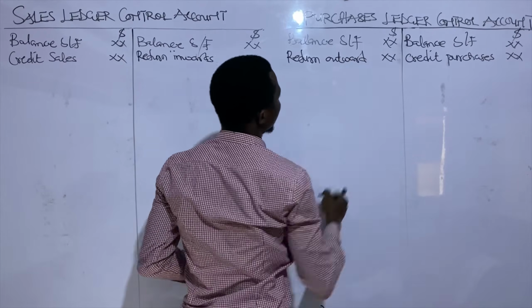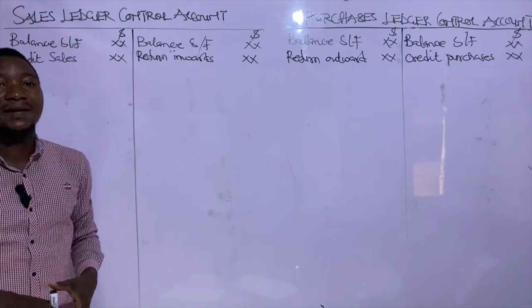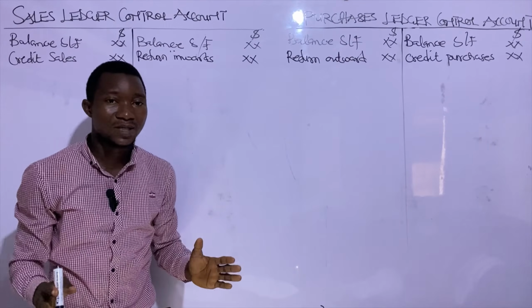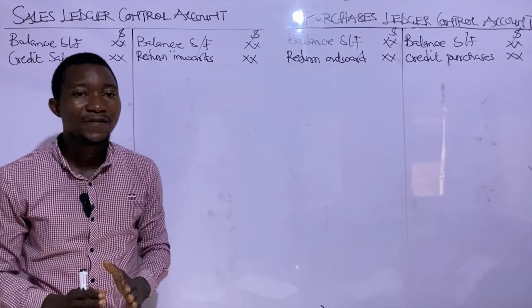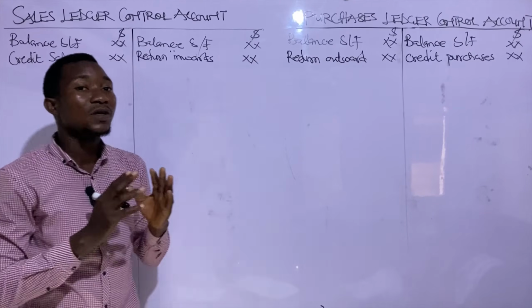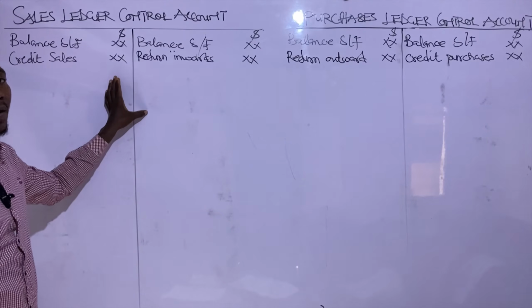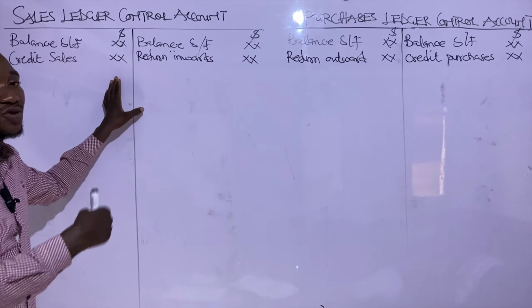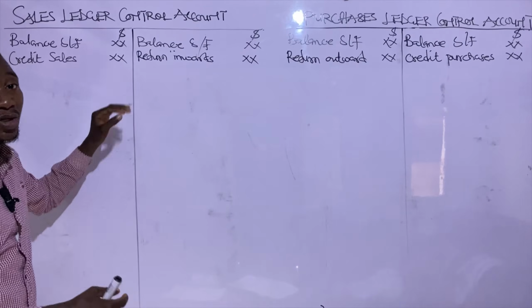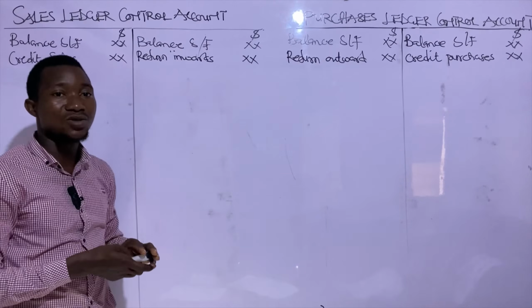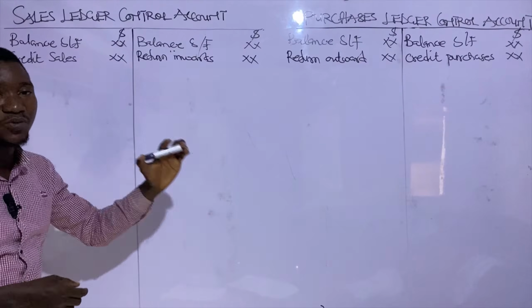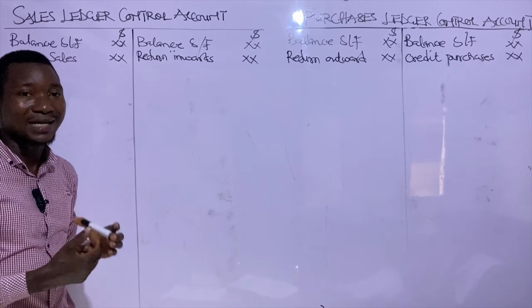Good. The next item I would like to talk about is discount. We have discount received and discount allowed. For discount allowed, it goes in the sales ledger. Businesses allow discount to its customers or debtors. So when a business allows discount to its debtors, it reduces the debtors balance or the customer's balance.